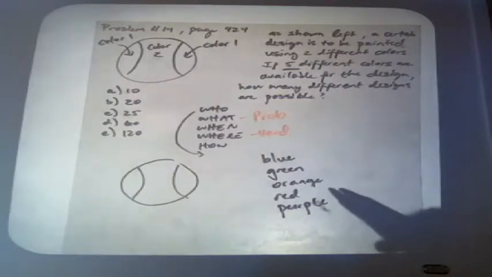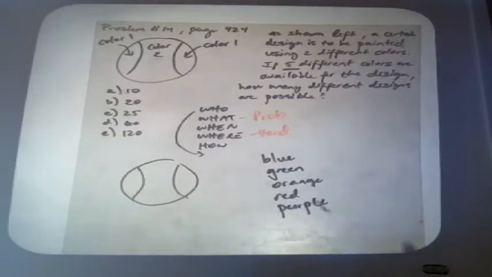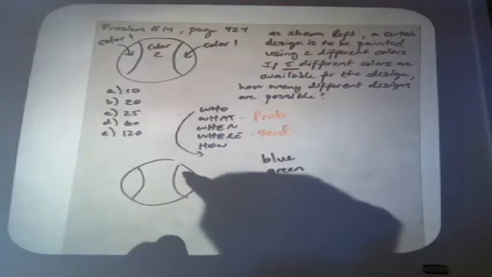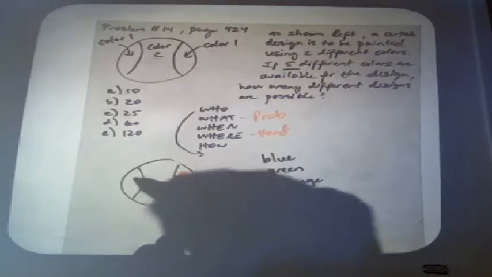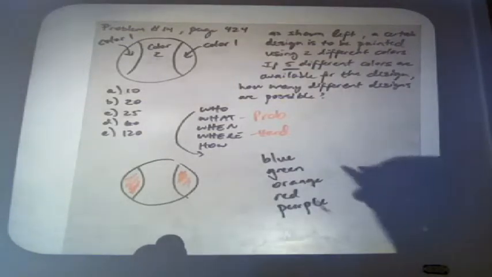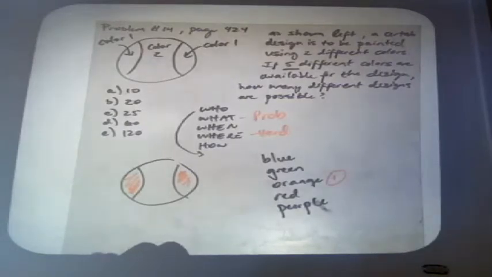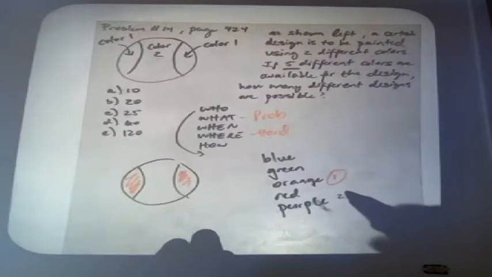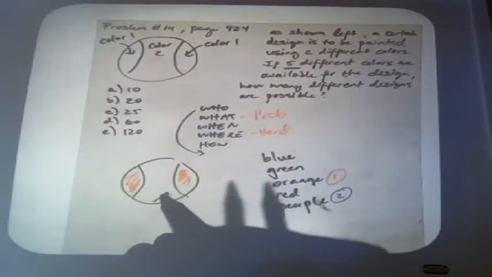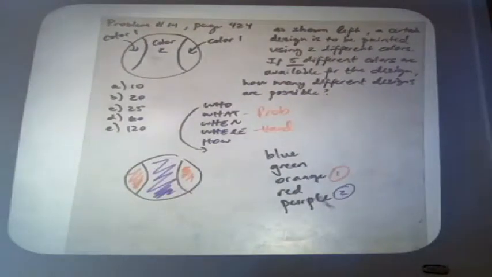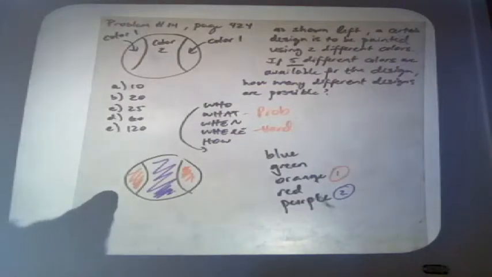Let's say I'm using orange and purple as my 2 colors to start out with, and I'm going to let the orange represent color 1 and the purple represent color 2. Notice when I do that, there's one possibility for the design. It can only look like this if orange represents color 1 and purple represents color 2.